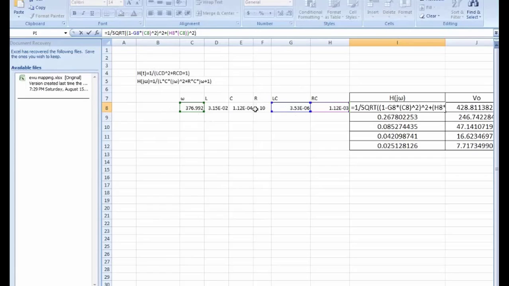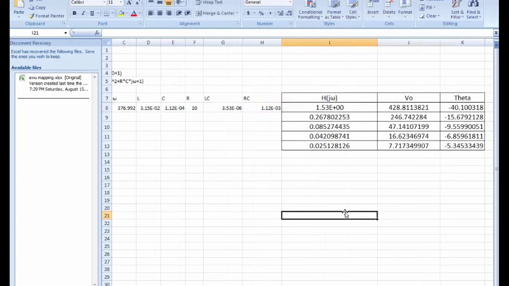And the LCR values were given like this, right? L is 1.5 e to the power minus 3, and C was 112 e to the power minus 6. R was 10 ohm. Isn't it? Yes, sir. So we have applied the formula here.